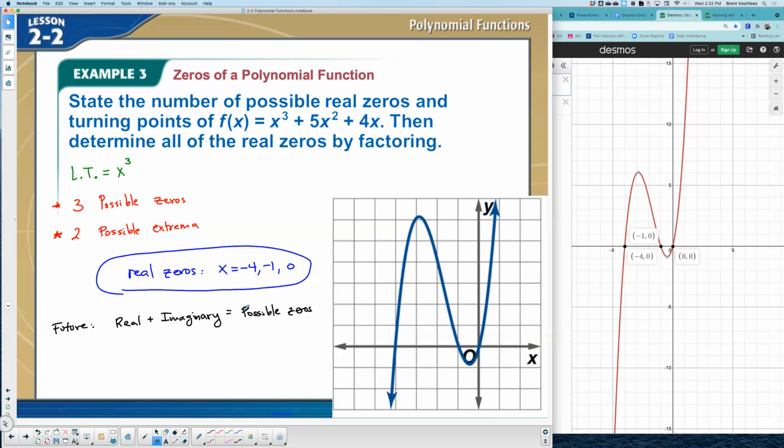So if you don't see it on the graph, it's going to be what we call an imaginary 0, and we'll get to the math of that later. Just so you know, the district will sometimes say total zeros instead of possible.